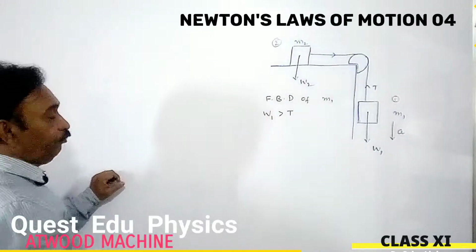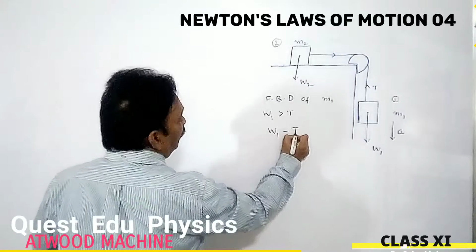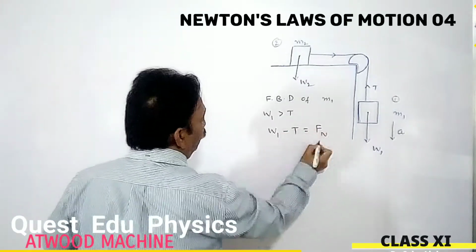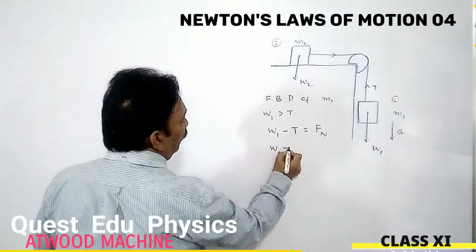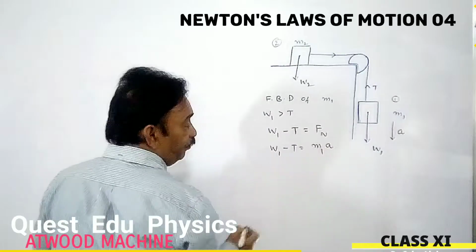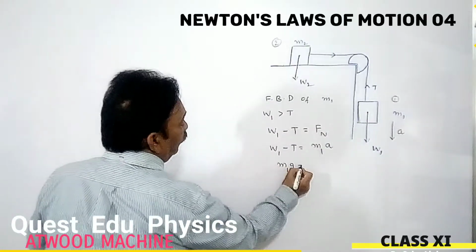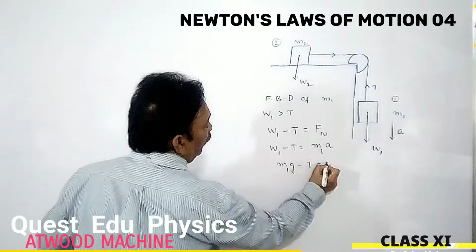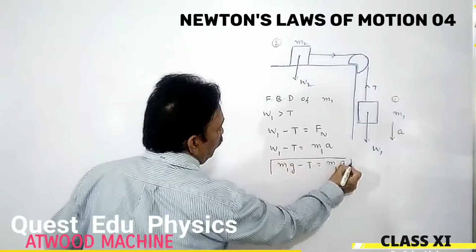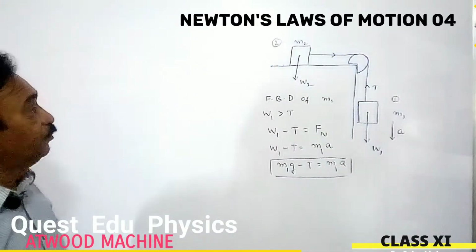As usual, the difference W1 minus T might be a net force, that is W1 minus T is equal to M1A. Okay students, M1G minus T is equal to M1A. Okay, it is the first equation students.